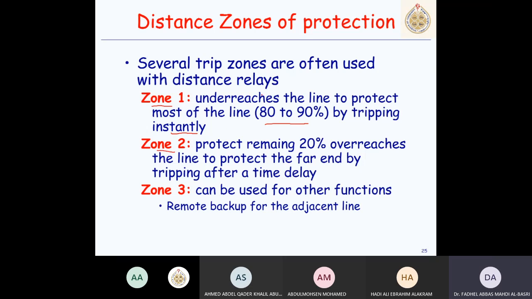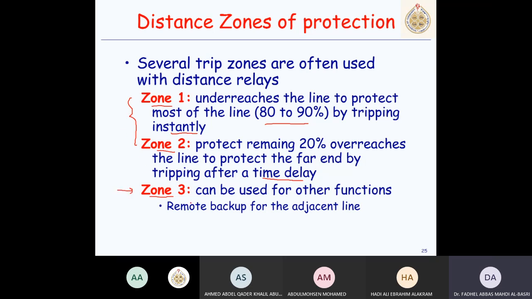And zone 2 covers the remaining 20% that is not covered by zone 1. However, it has to have a time delay because we don't know if the fault is at the end of the line or at the beginning of the next line. Zone 1 and zone 2 protect the line itself, the protected line. But zone 3 is a backup.